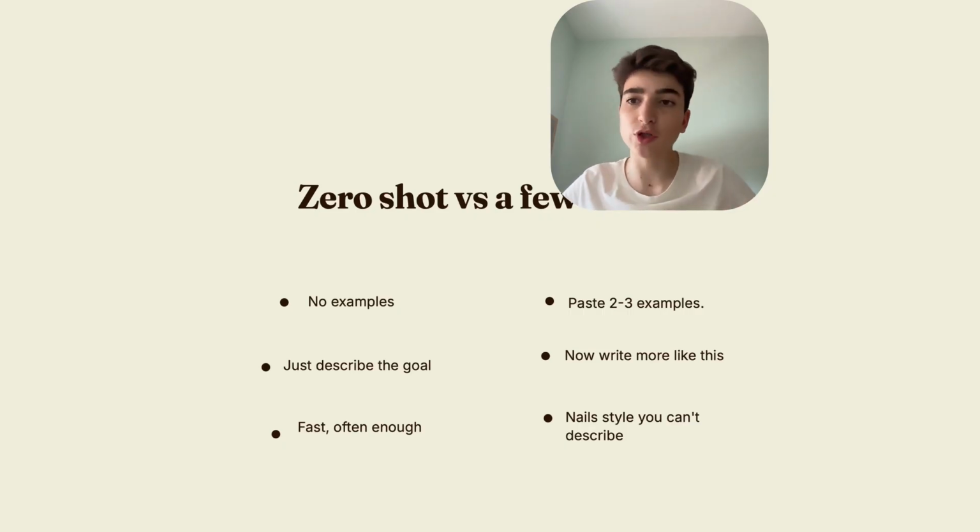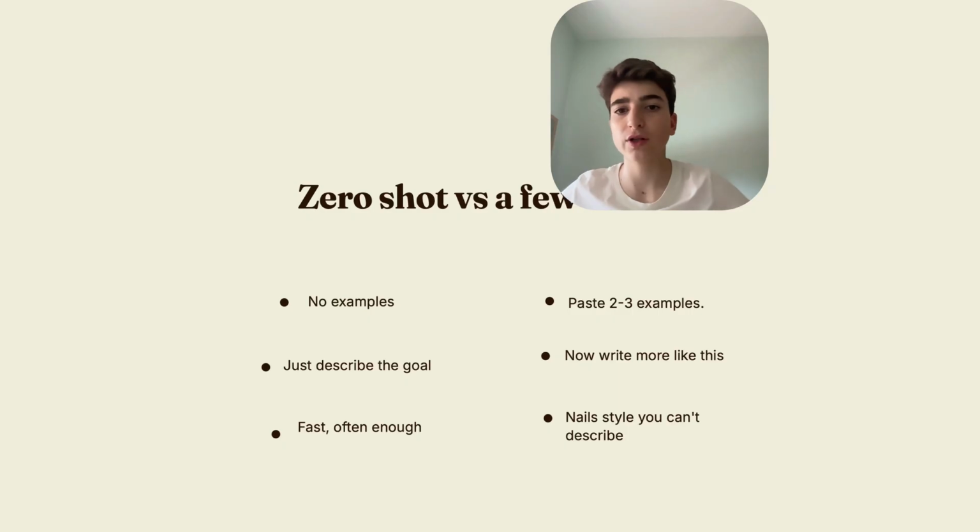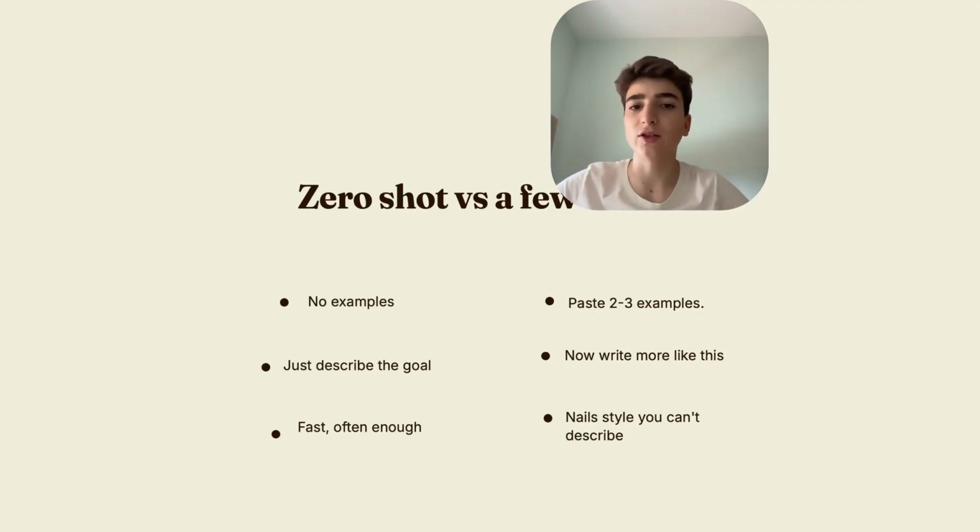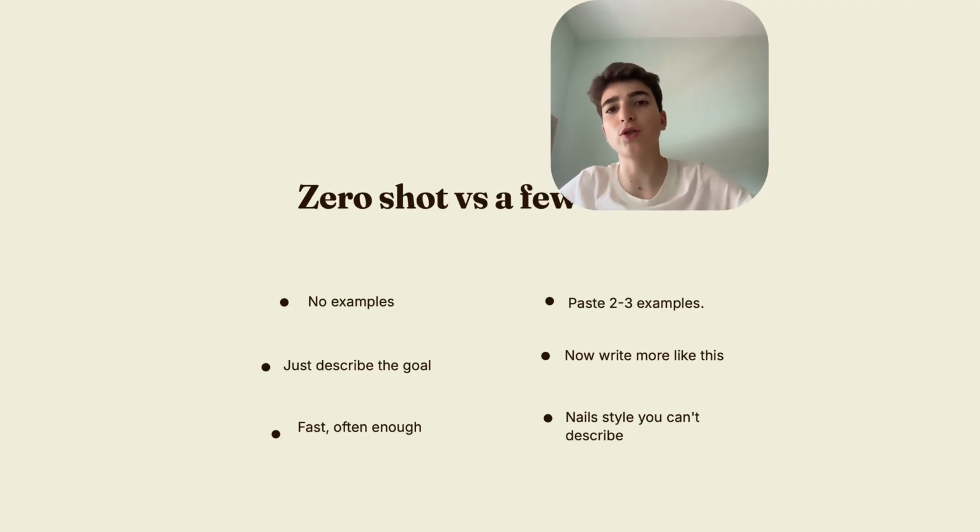But there are some use cases, because maybe you want it to do a task but you're not sure how to describe it, and then you do few shot, where you paste 2 or 3 examples more or less. So now it writes more like those examples and it can learn from them, so it knows the style and the tone that you want, because it gets it from those examples.